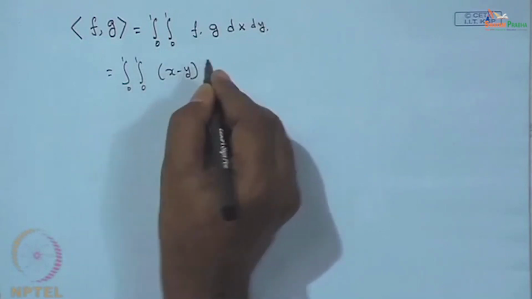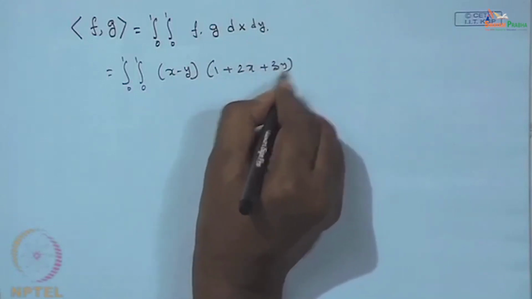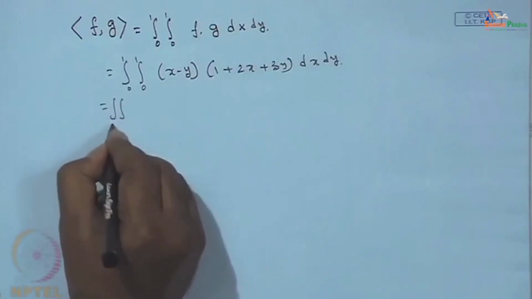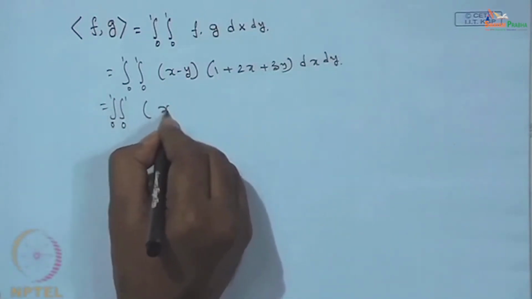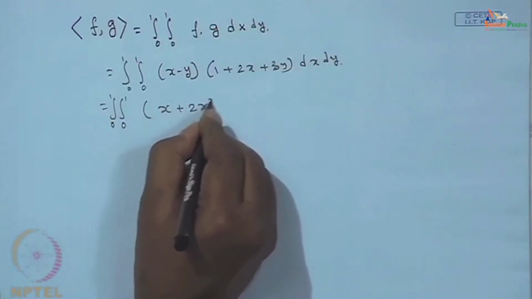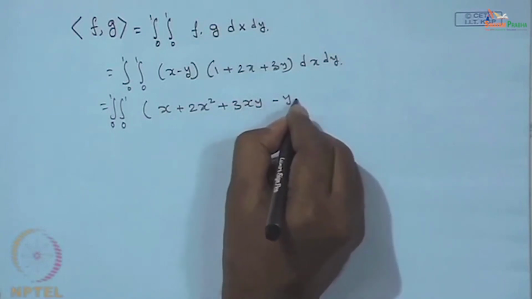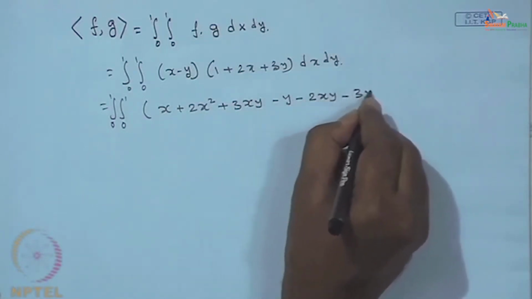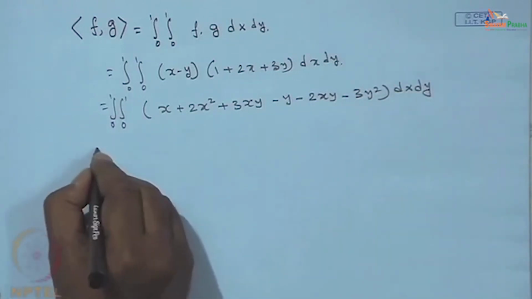This will be (x minus y) into (1 plus 2x plus 3y) dx dy. Just simplify this one: x plus 2x square plus 3xy minus y minus 2xy minus 3y square dx dy. That is a simplification.